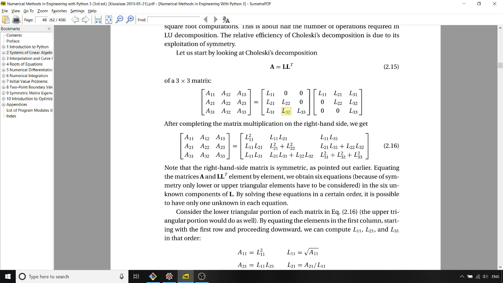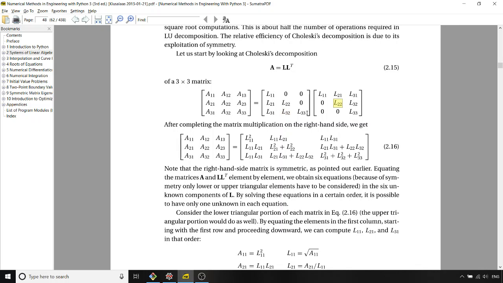Let's say 3, 2. So this 3, 2 will be L32 multiplied by this element. For example, for this case it will be this, and for this case it will be A21, it will be this.